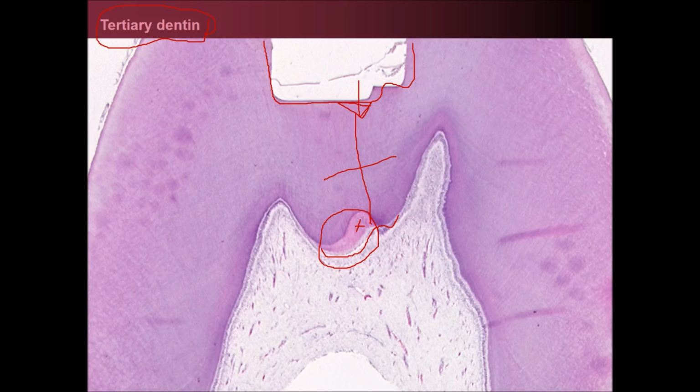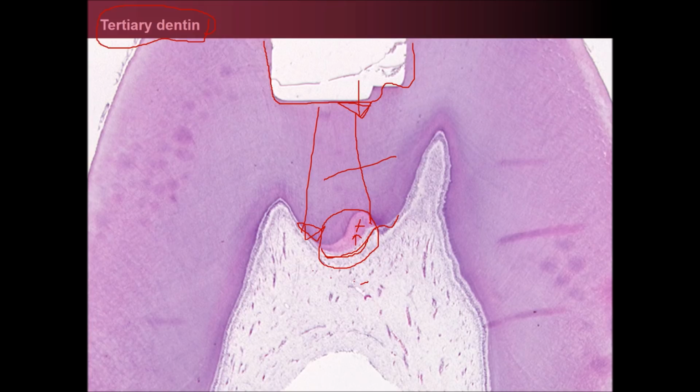If this stimulus leads to death of the original odontoblasts, some cells inside the pulp, which we call stem cells or undifferentiated mesenchymal cells, will differentiate into odontoblast-like cells, move to this area, and start to produce dentin.